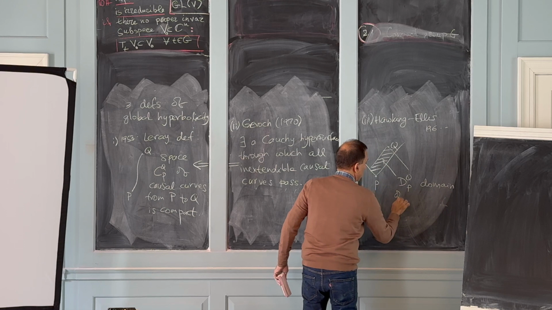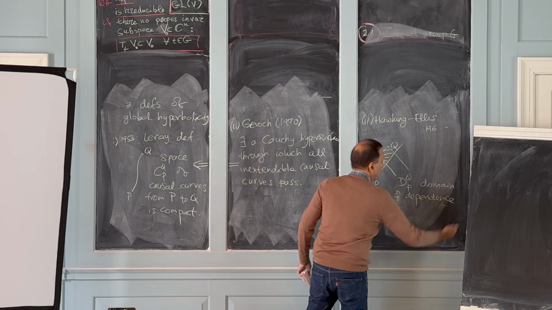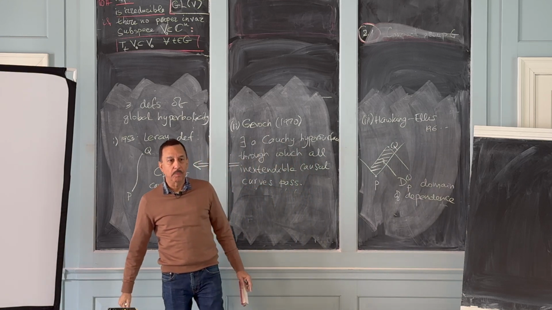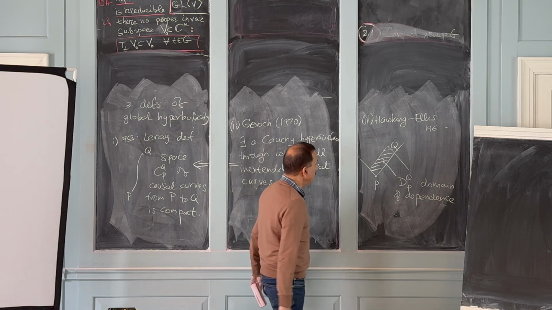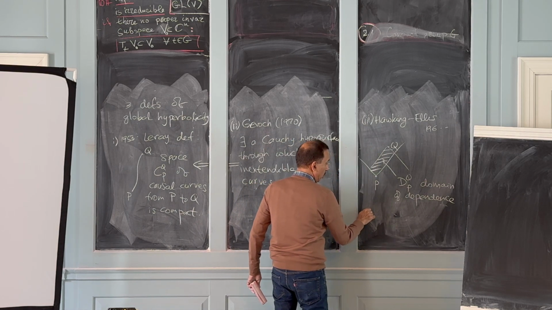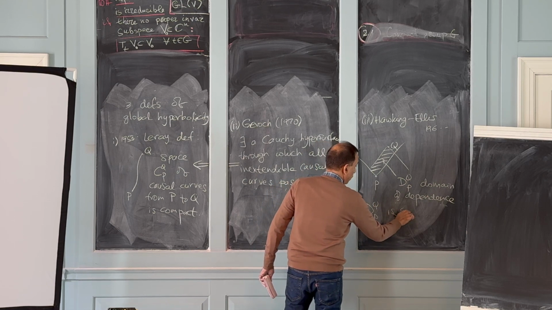Again, if you're going to study anything that people do nowadays with islands or entanglement or anything else, domains of dependence are all over the place, so it's good to know once and for all what it is. And the definition of global hyperbolicity is that D(P,Q) is compact.